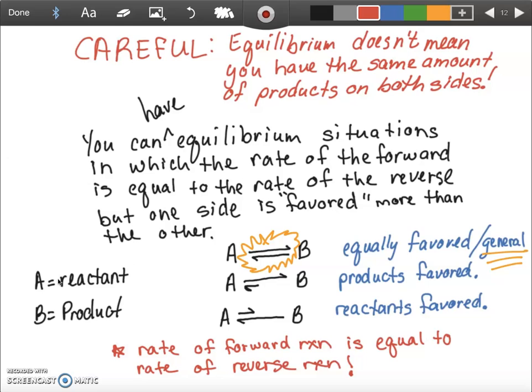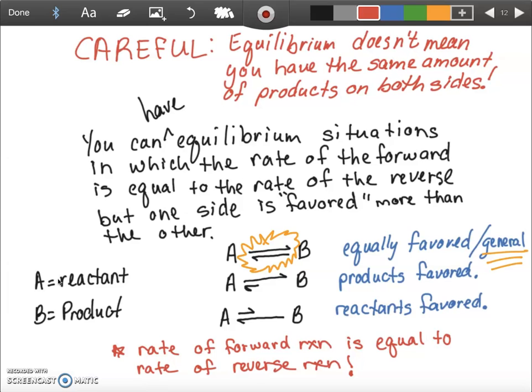In fact, you will most often see on the AP exam that the arrows are equally sized, even though the reactants could be favored or the products could be favored. So just keep in mind that you cannot just make the assumption right off the bat that the reaction is equally favored on both sides. They will have to tell you whether or not the reaction is favored one way or the other, or give you enough information that you could solve for it, and we'll talk about that in a later lesson.